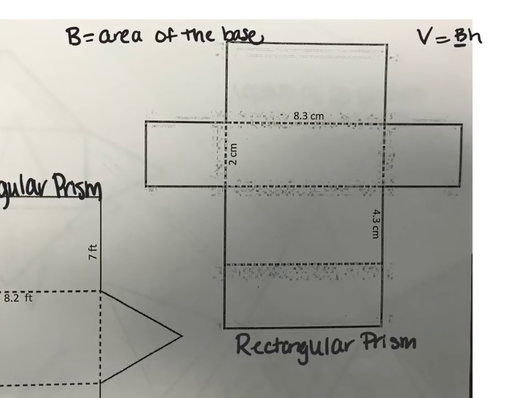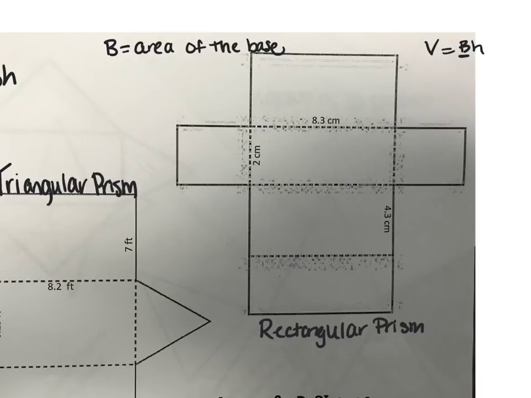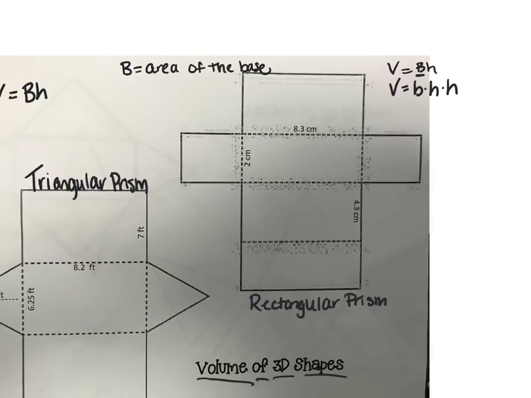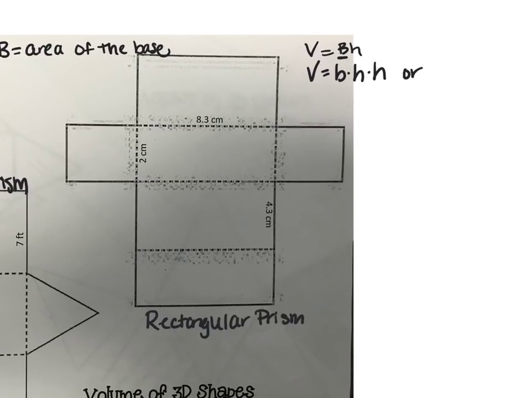On this particular problem, it is a rectangle. So the area of the rectangle is base times height, or length times width. Oh, these aren't too bad, so we're going to keep these today.